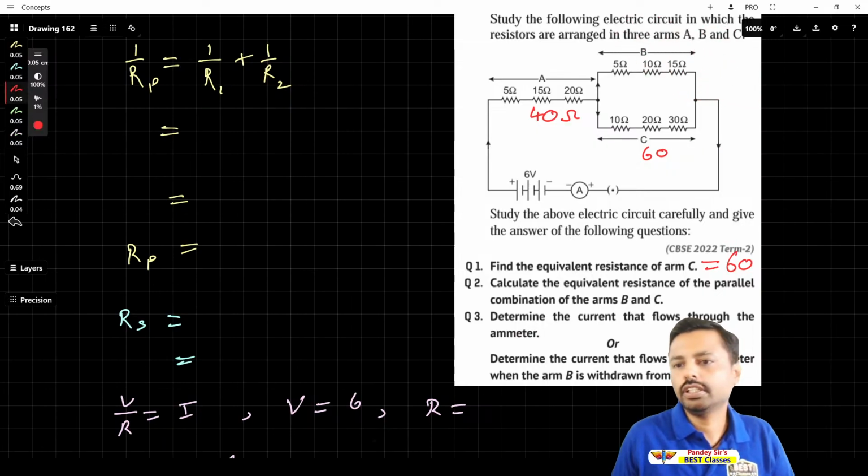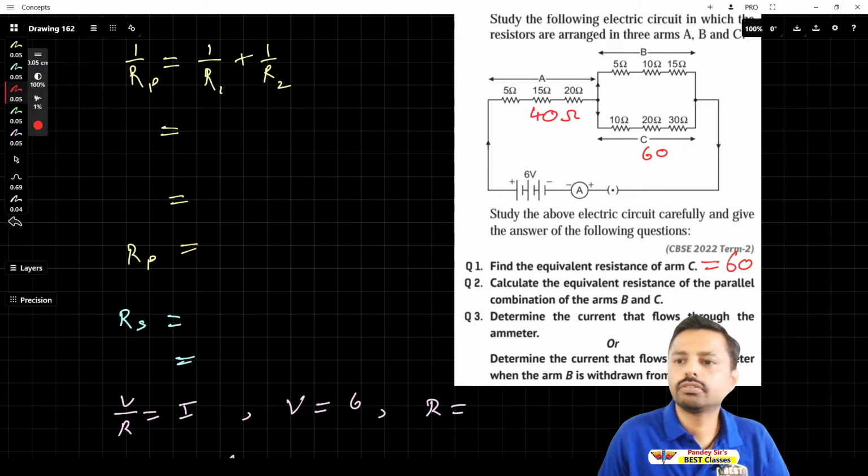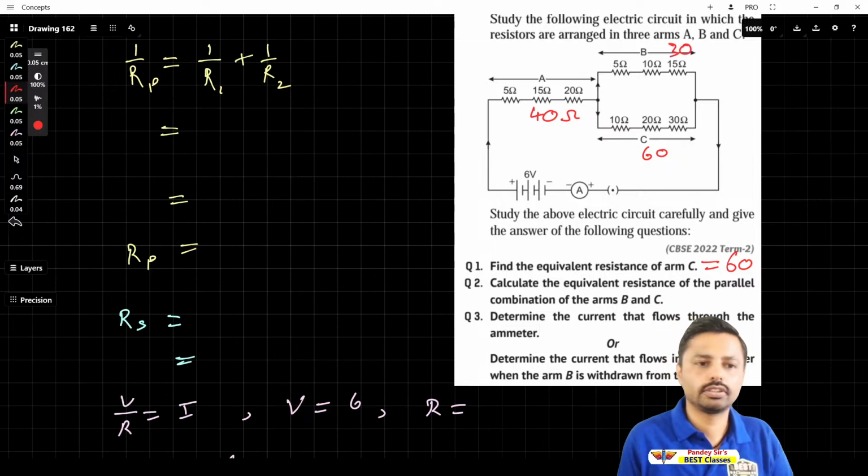Actually, here 15 plus 5 is 20 and 20 plus 10 is 30. So this will be 30.